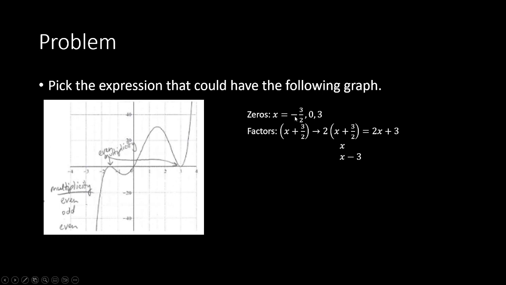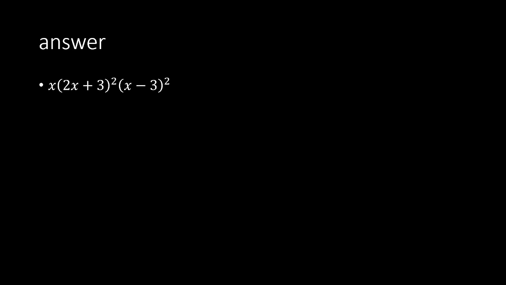And I could work backwards. The reason I work backward is that if I want to find it in the right form, I just go backward. So I have 2x plus 3, and then just x because of the 0, and then x minus 3. So the answer will be x times (2x plus 3) times (x minus 3) squared.